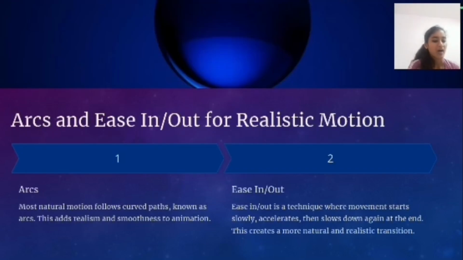Ease in or out is a technique where movement starts slowly, accelerates, then slows down again at the end. This creates a more natural and realistic transition. That is, we can start animating slowly, speed up to maximum speed, and then in the last part slow down to less speed. This creates a realistic feel.